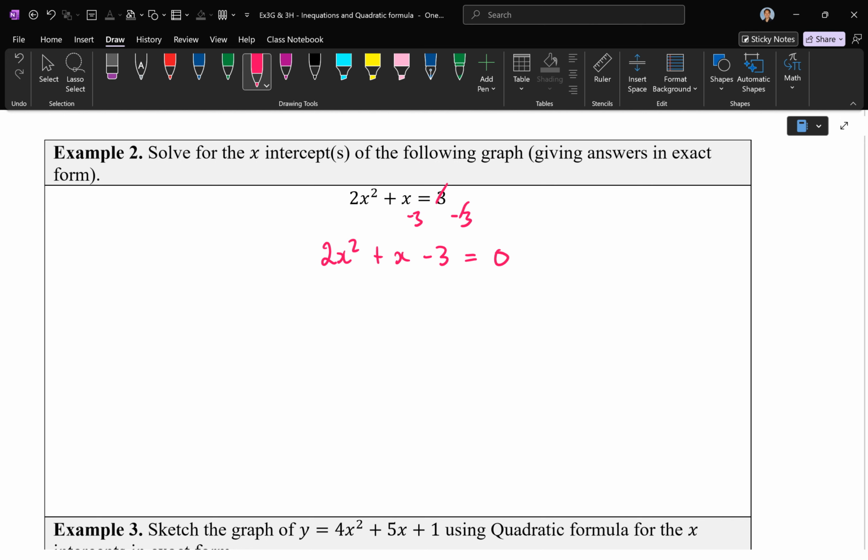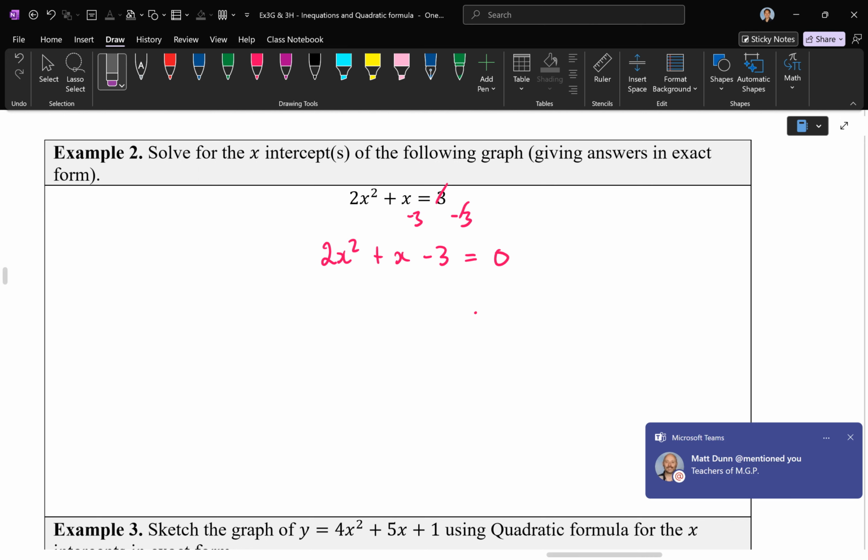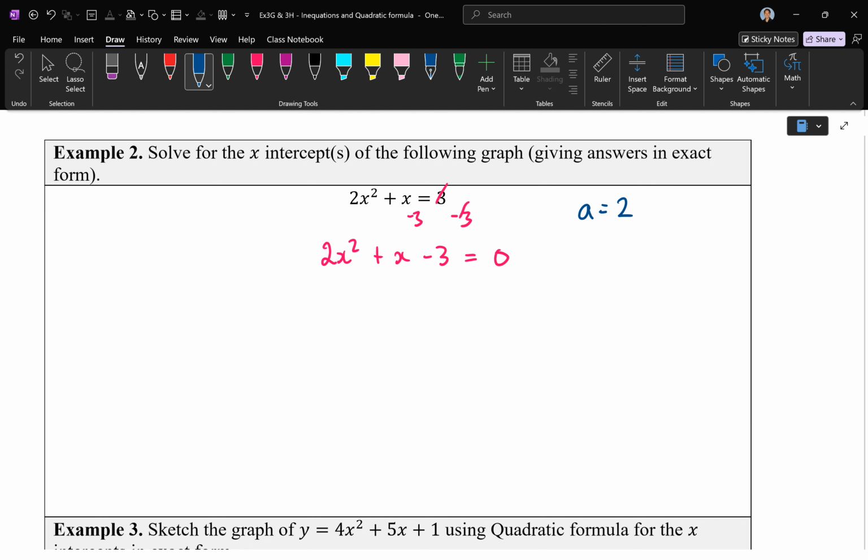And let's do this one now. Ben, what's my A, B, and C? Good. Using my quadratic formula. What is my quadratic formula again? X is equal to, let's go with Luke. Do you know the quadratic formula?